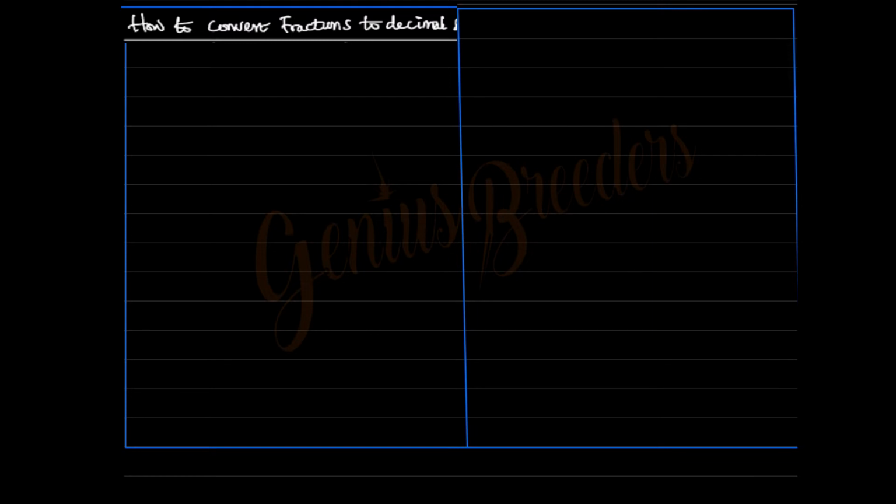Now I'm going to be looking at these two examples, 1 over 2 and 2 over 3. So let's start with 1 over 2. As usual, a fraction has a denominator, which is a 2 here, and the numerator, which is 1 here. Now, normally you divide 1 by 2.